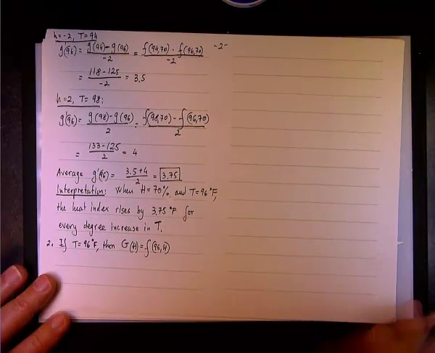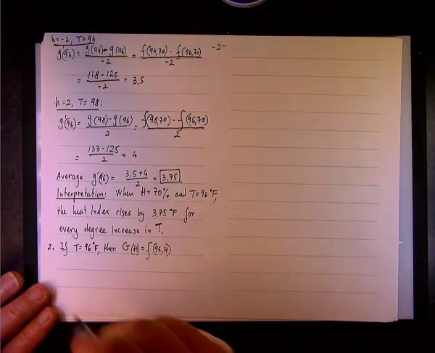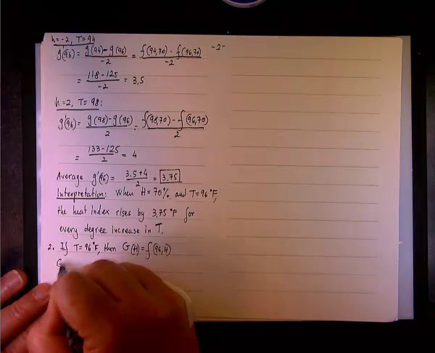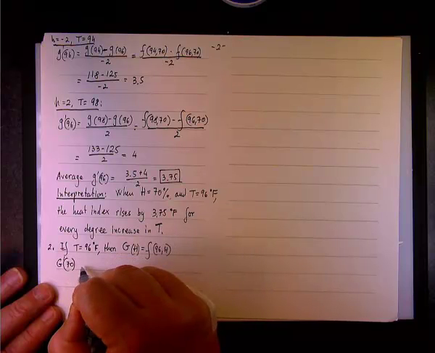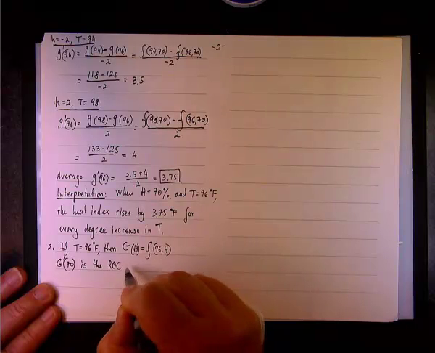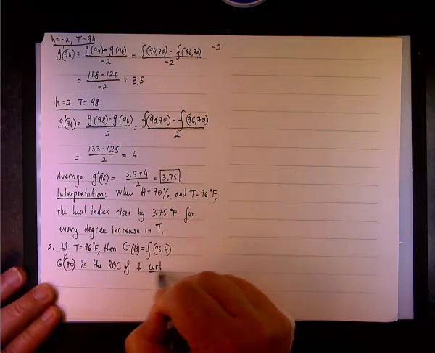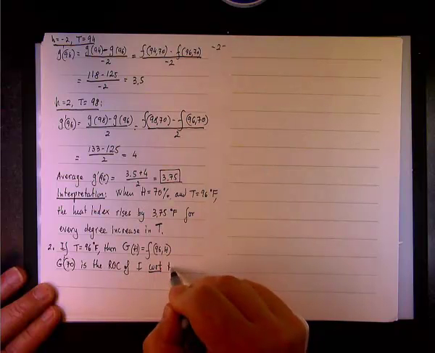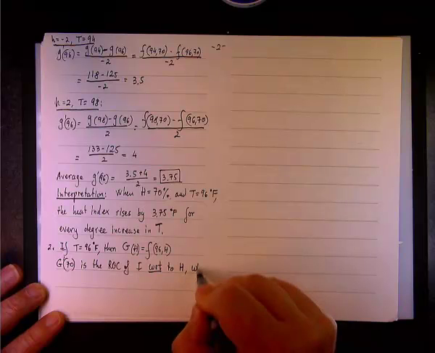We're going to say that if T is held steady at 96 degrees Fahrenheit, then we define a new function, uppercase G of H, of the humidity, and of course this will be F of 96 comma H. So the temperature is fixed at 96, and the only variable is the humidity, the percent of humidity.